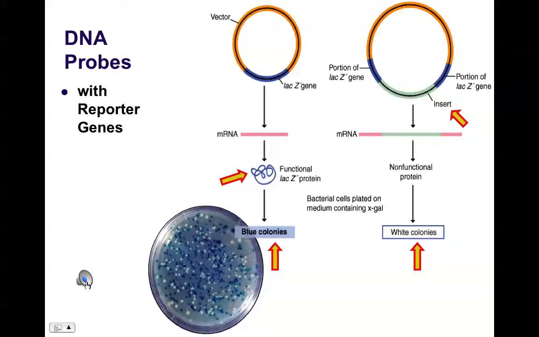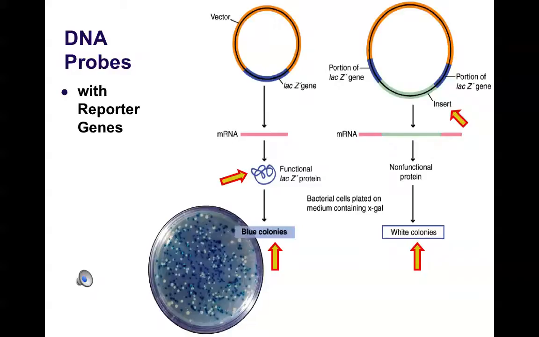Here's an illustration showing how we could use color to distinguish colonies where we can find recombinant DNA. On the original colonies where we have functional genes and functional proteins, the colonies show up as blue. Where we've added extra DNA from our recombinant DNA, we've essentially found that the extra DNA has been inserted into the gene for the LAC-Z protein production.